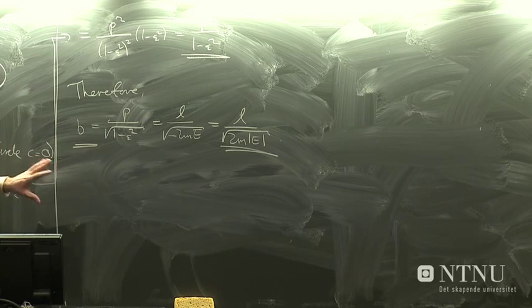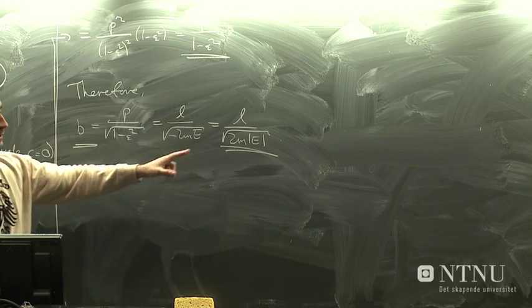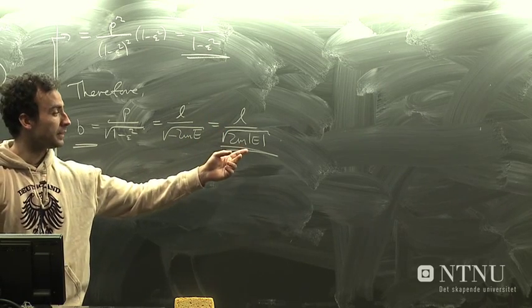So we see that whereas the major half-axis is determined by k, the strength of the potential, and the energy, the minor half-axis is determined by the angular momentum and the energy.